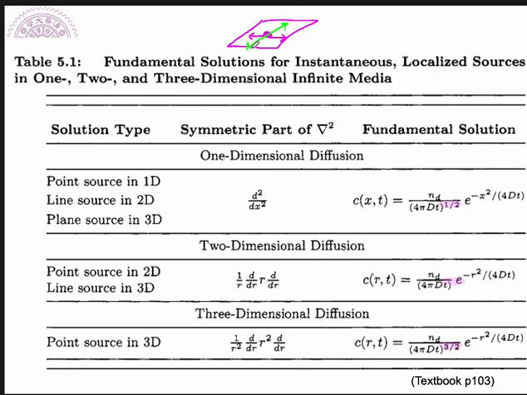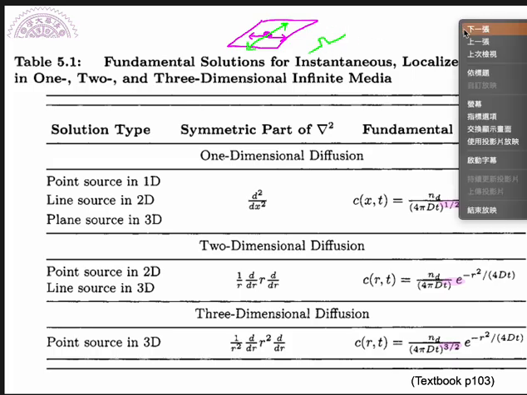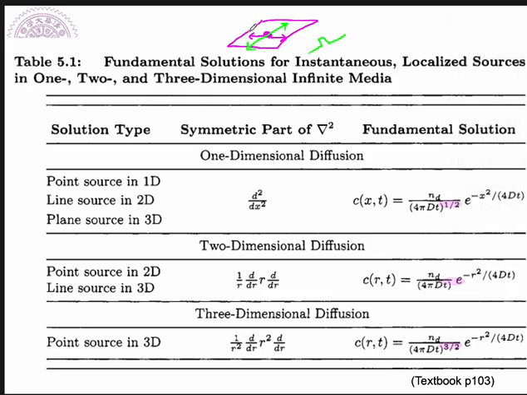So you get two-dimensional diffusion. I can write it down, it can be like this, and the other will be like this. So we have the two-dimensional one.